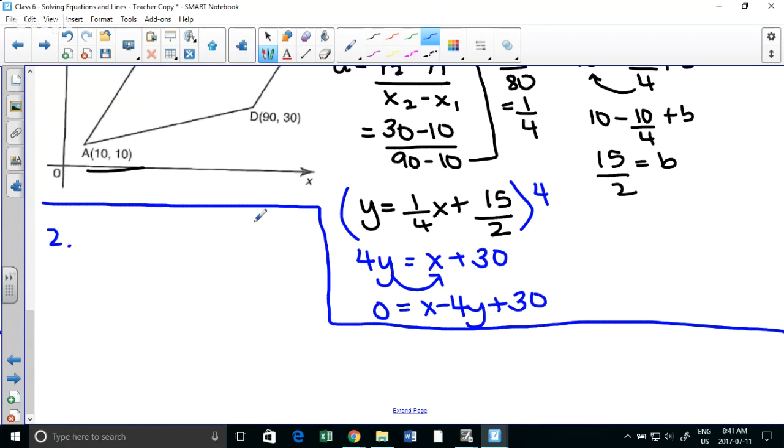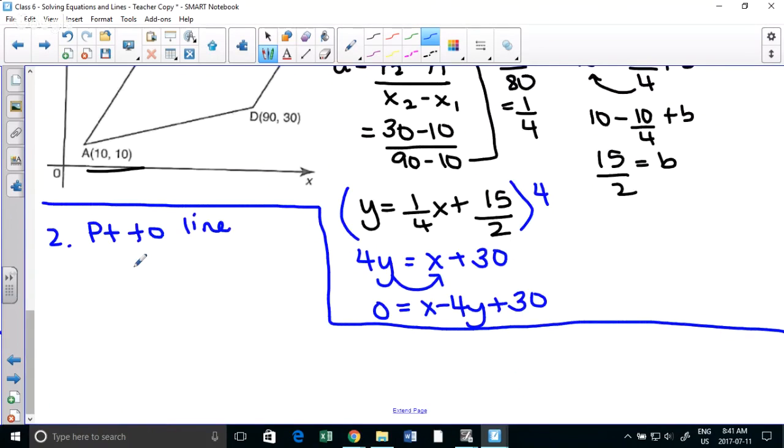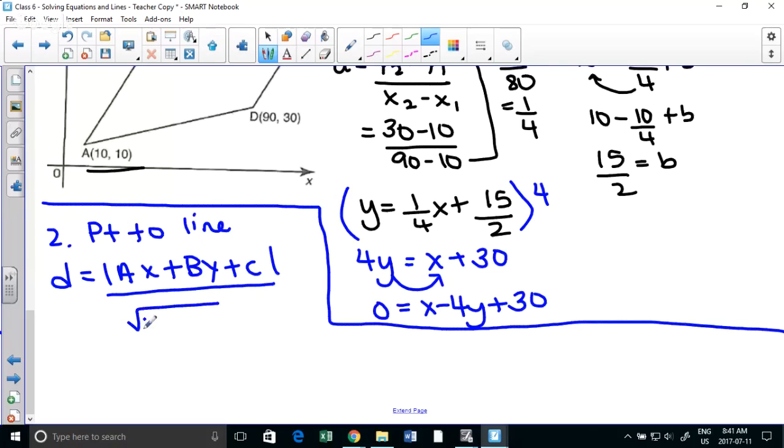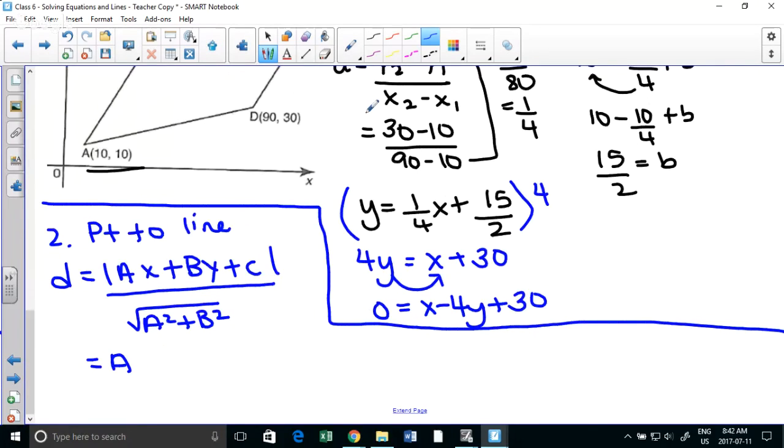Step 2 was find the distance point to line using b. So I have my distance is the absolute value of ax plus by plus c, over the root of a squared plus b squared. So what is my point? My point is 40, 60. So I have a is 1, and the x is 40.